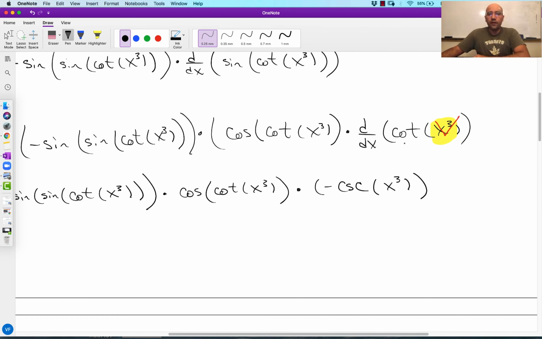So the derivative of cotangent is negative cosecant squared times the derivative with respect to x of the final thing, so d dx of x cubed. Last one. That one's an easy one. That's just going to be our power rule. So let's just copy this whole thing one last time.